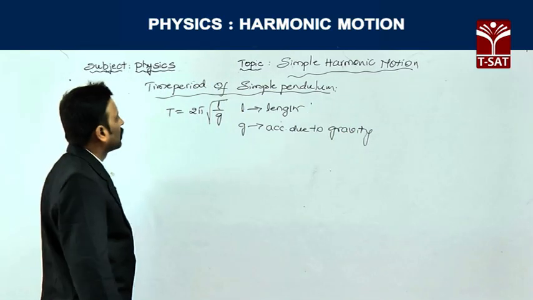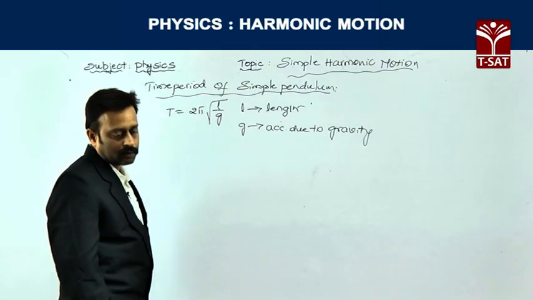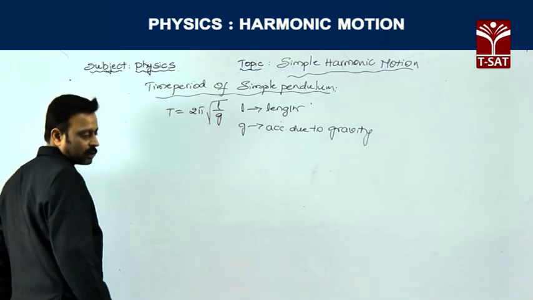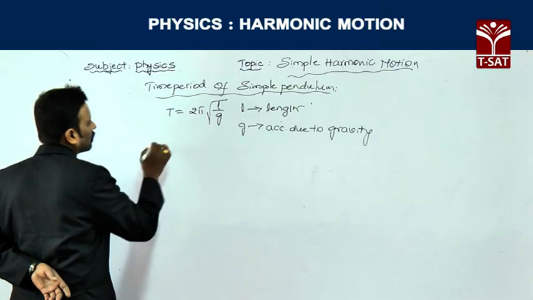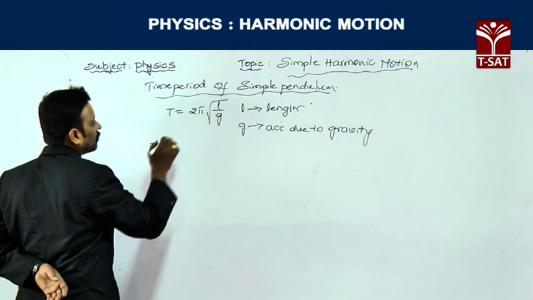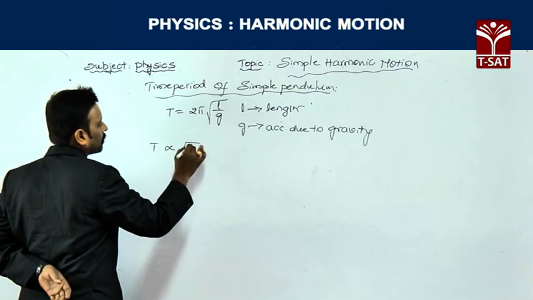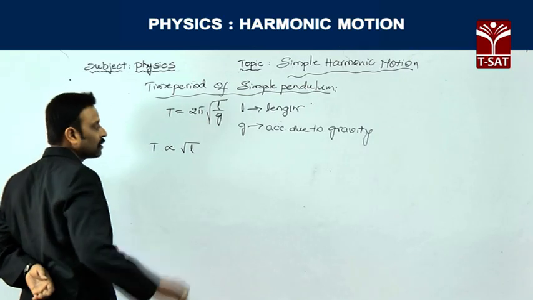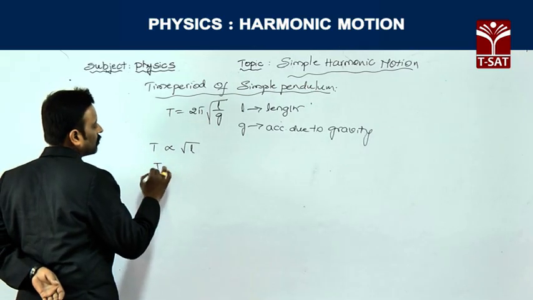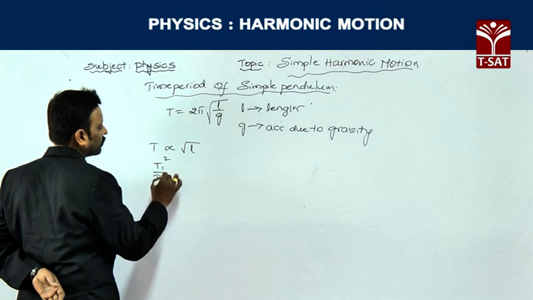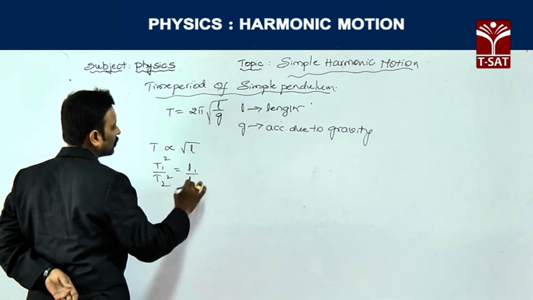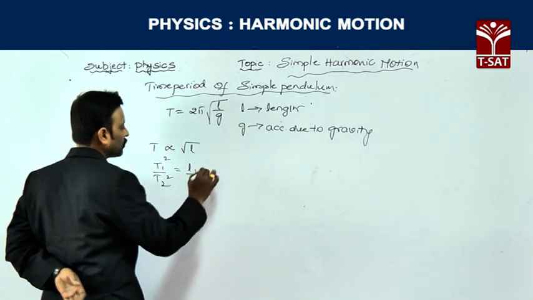Okay. Next, from this equation, how time period and length are related: T is proportional to root L. Squaring on both sides, T1 square by T2 square is equal to L1 by L2.